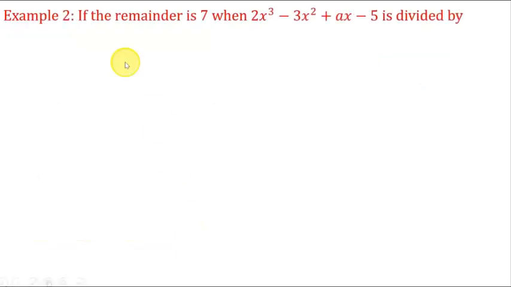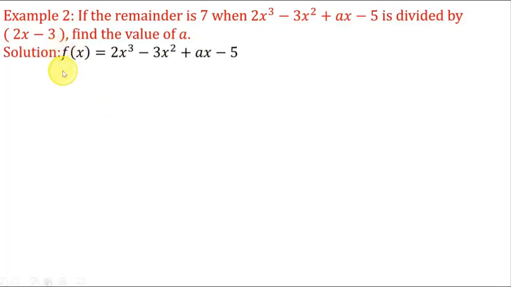Now example number 2. If the remainder is 7, when 2x cube minus 3x square plus ax minus 5 is divided by 2x minus 3, find the value of a. Now the given remainder means the value of the polynomial. Here is the solution. f of x is equal to 2x cube minus 3x square plus ax minus 5.